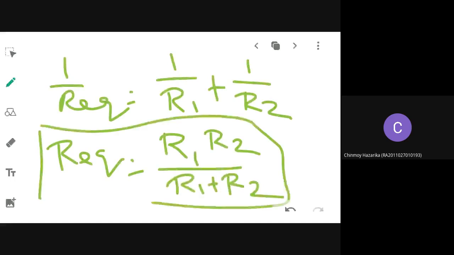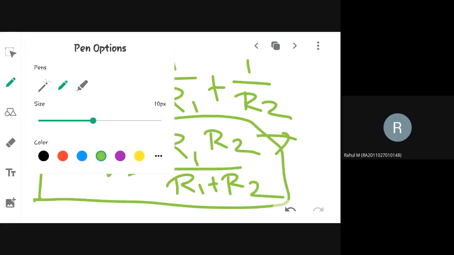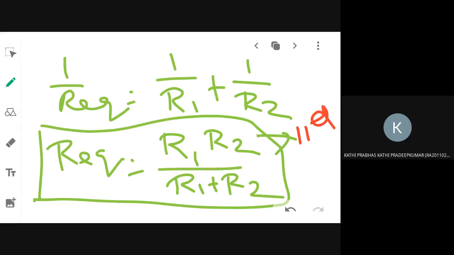You know this equation. This is how I will be getting equivalent resistance when I am having what connected circuits? Parallel. Whenever there is a parallel combination of resistances, if you want to reduce the circuit, then this will be the formula. You make a note.